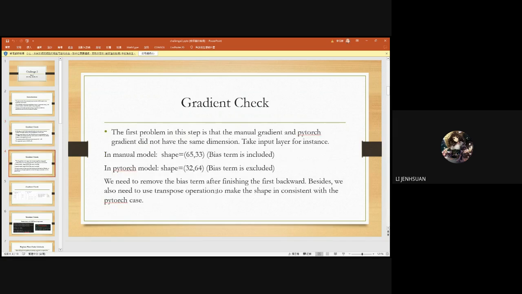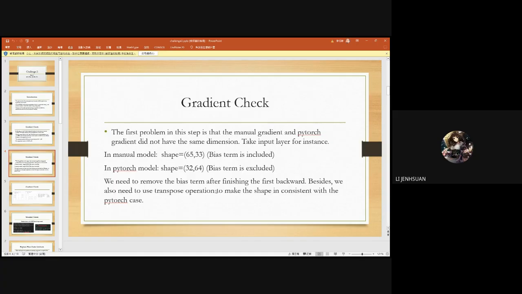The first problem is that the shapes of the manual gradient and PyTorch gradient are different. What does that mean? It means that the manual gradient is 65 by 33, which includes the bias term. However, in the PyTorch model, the shape is 32 by 64. It doesn't include the bias term; its calculation includes bias, but the gradient vector doesn't include the bias term.